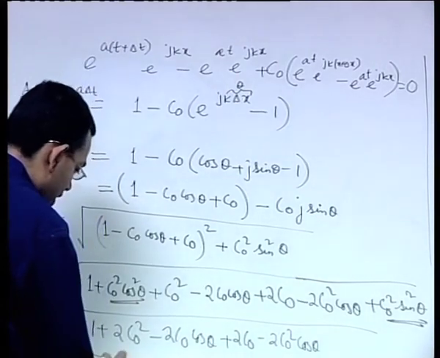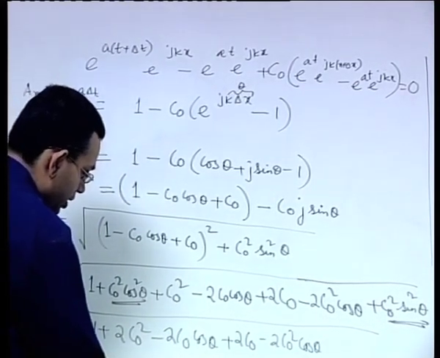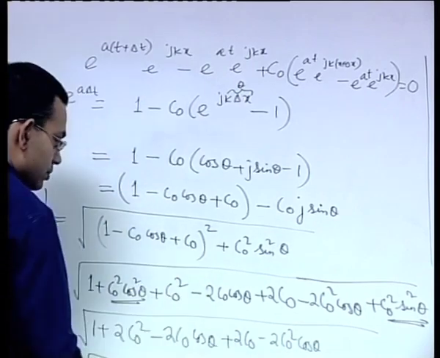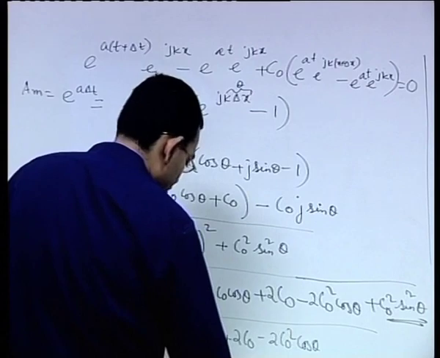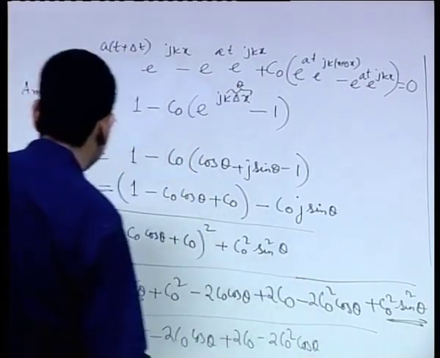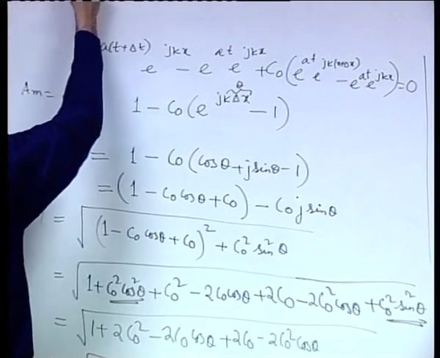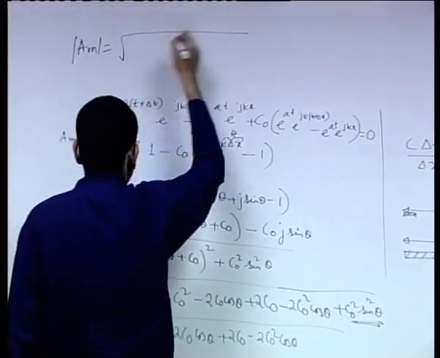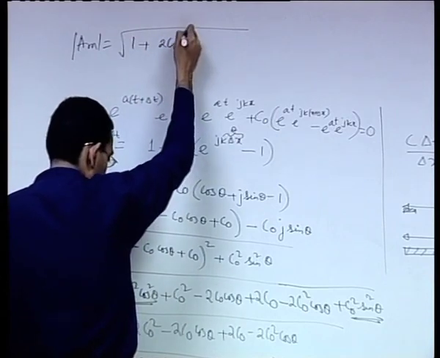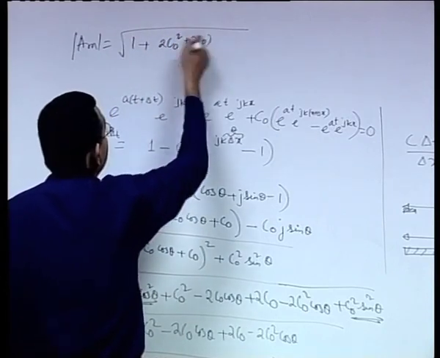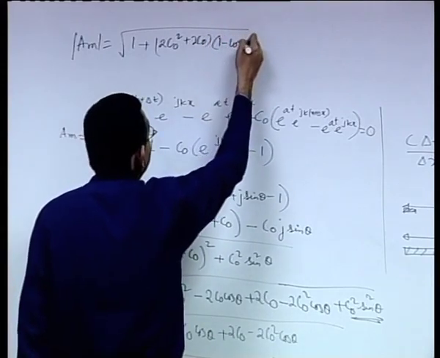So, 1 plus 2 Courant number square into 1 minus cos theta plus 2 Courant number into 1 minus cos theta. So, it will become 1 plus 2 Courant number square plus 2 Courant number into 1 minus cos theta.